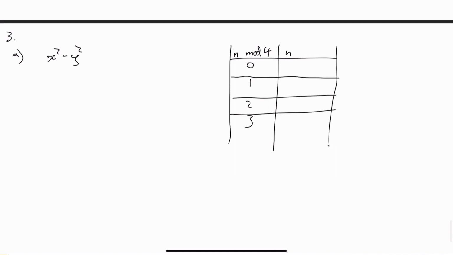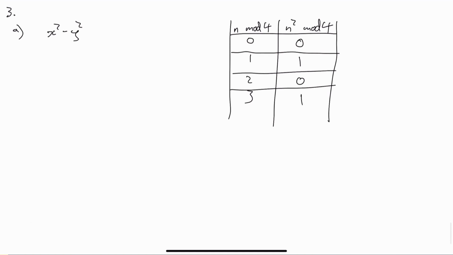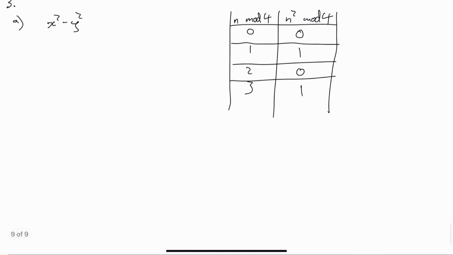And then if we consider n squared mod 4, then what can this be? So 0 squared is still 0, 1 squared is still 1, 2 squared is 4, which is the same as 0 mod 4, so this is 0, 3 squared is 9, which is 1 more than 8, and 8 is a multiple of 4, so this is 1 mod 4. So now we can clearly see that every single square number is either a multiple of 4 or 1 more than a multiple of 4.